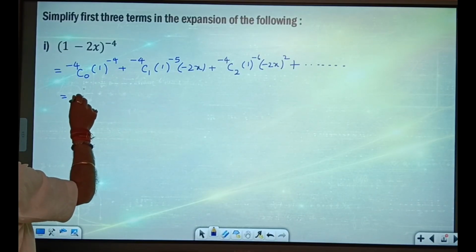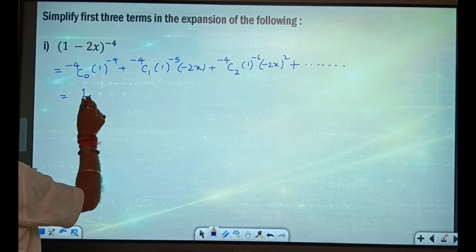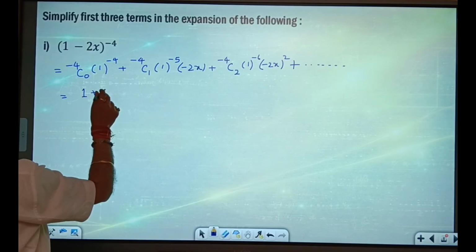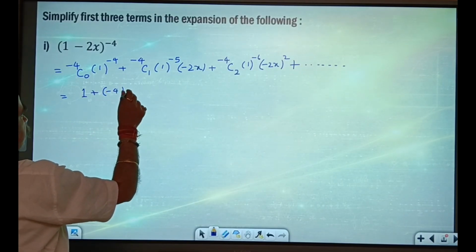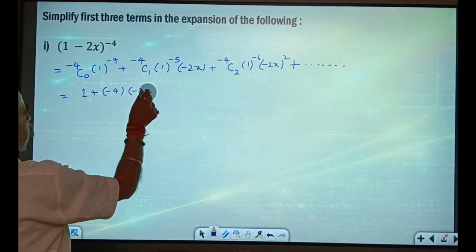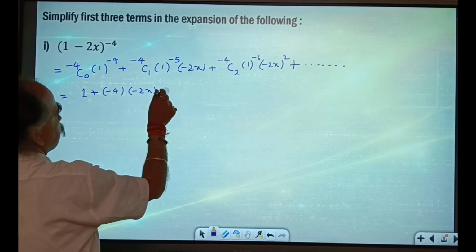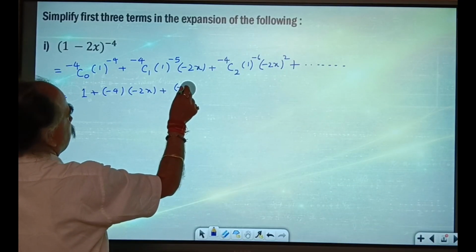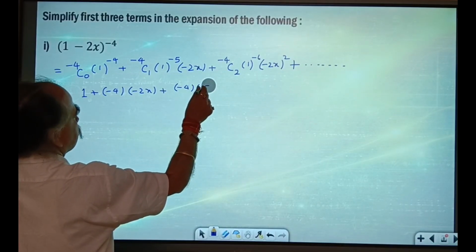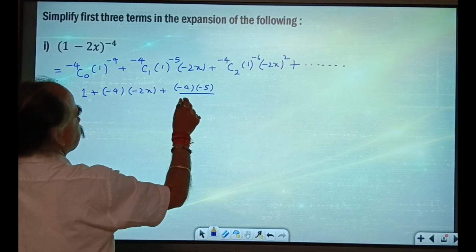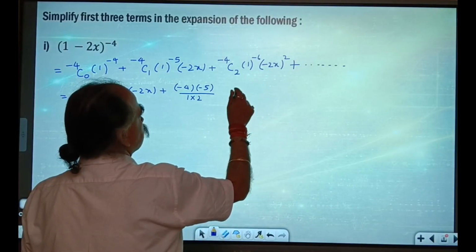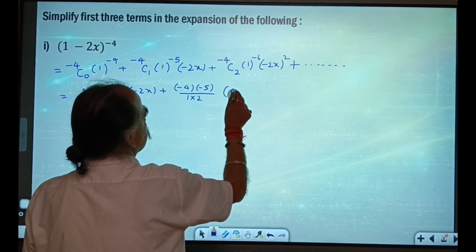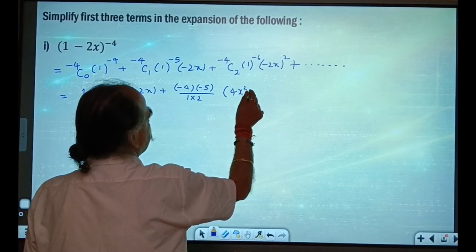Any number C0 is what? 1. Any number C1 is what? Same number, minus 4. 1 raised to any power is 1, minus 2x. Any number C2 is what? Minus 4 into minus 5 upon 1 into 2. Minus 2 square is what? 4, x square.